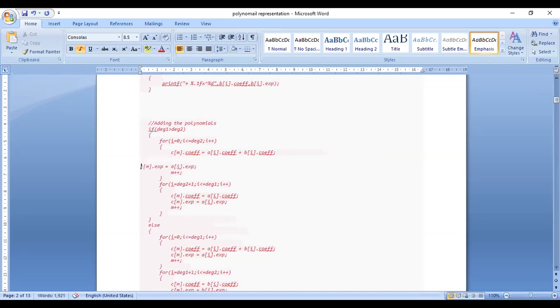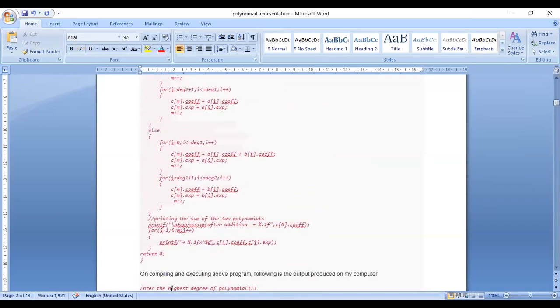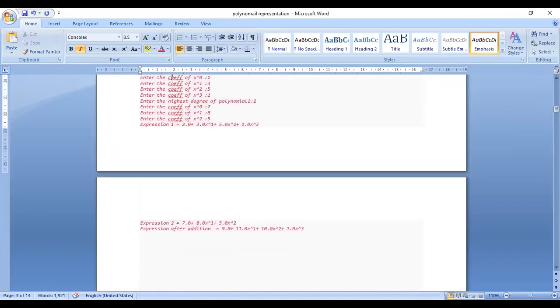So what I am doing, I am adding the two coefficients, since the exponents are same. What I am assuming is both will have the same exponents and both will have the same number of terms. My assumption is in this array representation, in this particular program. So you can see in the example.